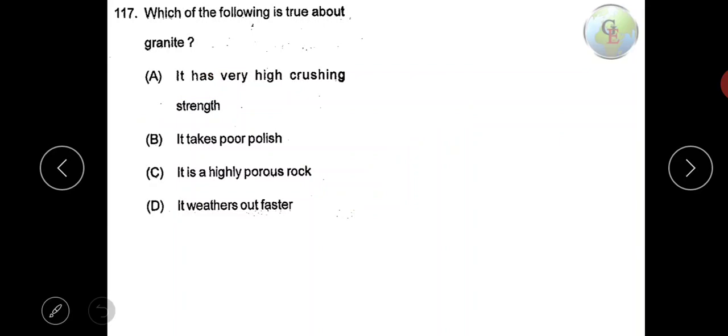Next question. Which of the following is true about granite? It has a very high crushing strength. It takes poor polish. It is a highly porous rock. It weathers out faster. As we know, granite has high crushing strength, and granite takes good polish.